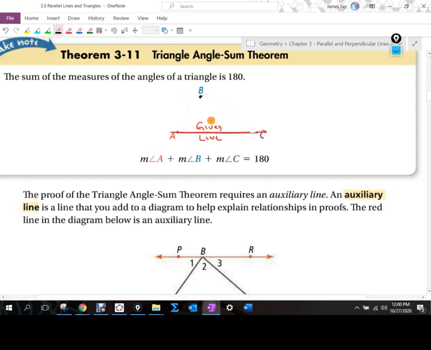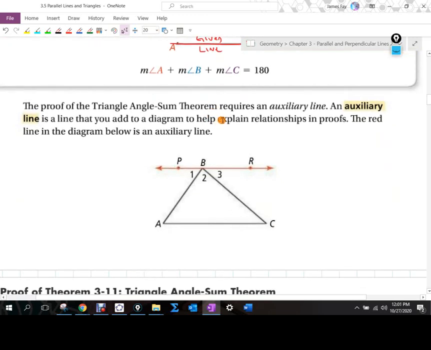Is point B a point that is not on the given line? How many lines go through B that are parallel to this given line? Just one, right? And that one is this line right here that we're going to add to our picture. It's the auxiliary line.